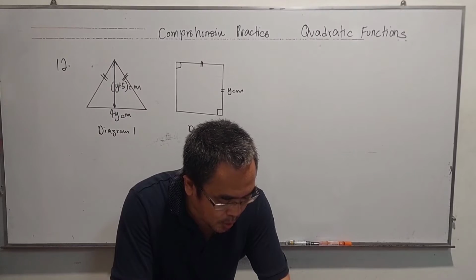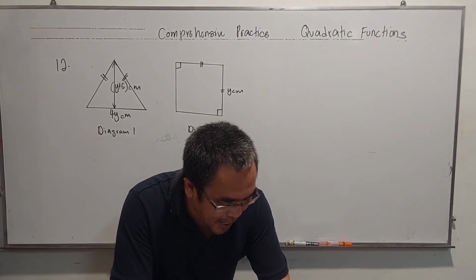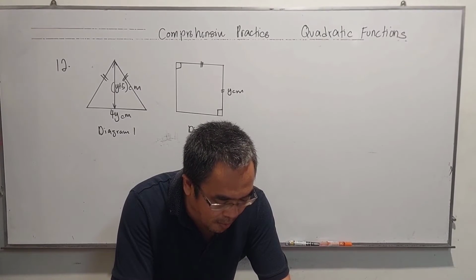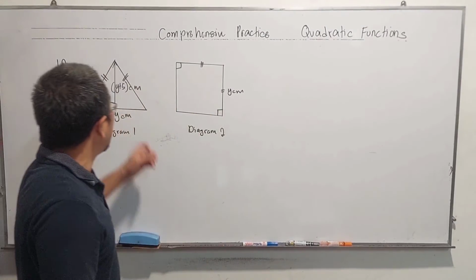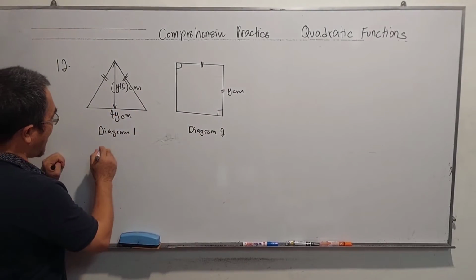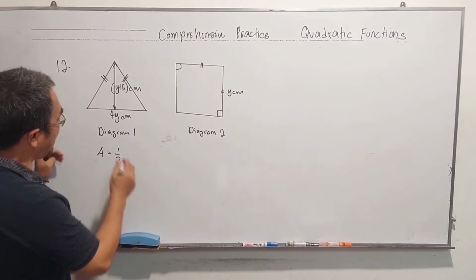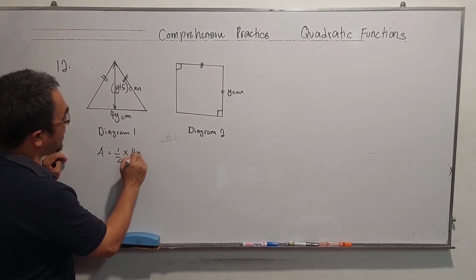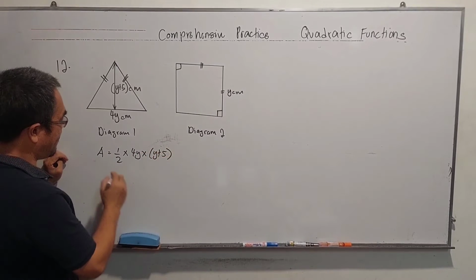Okay, so we have to work on the info given, that is the area of the triangle is more than the area of the square by 39. So we calculate the area for the triangle: 1 over 2 times base times height, times 4y and times y plus 5.